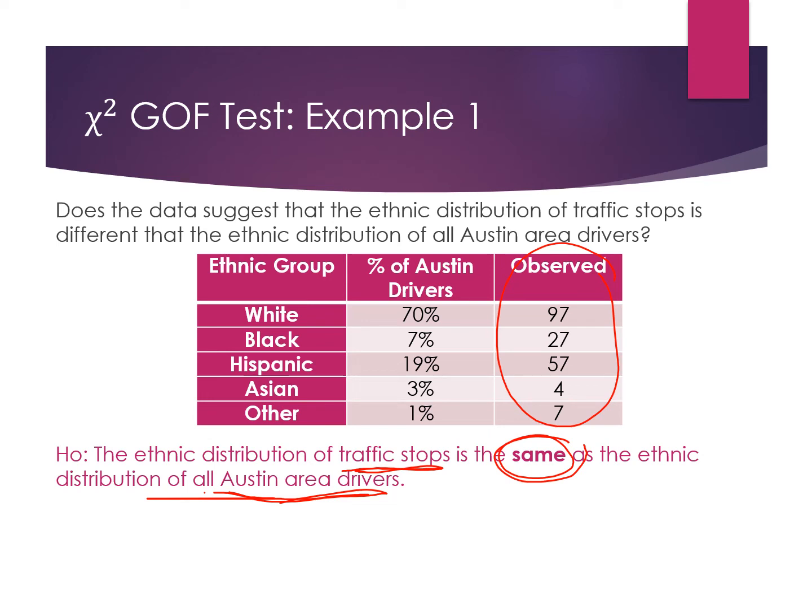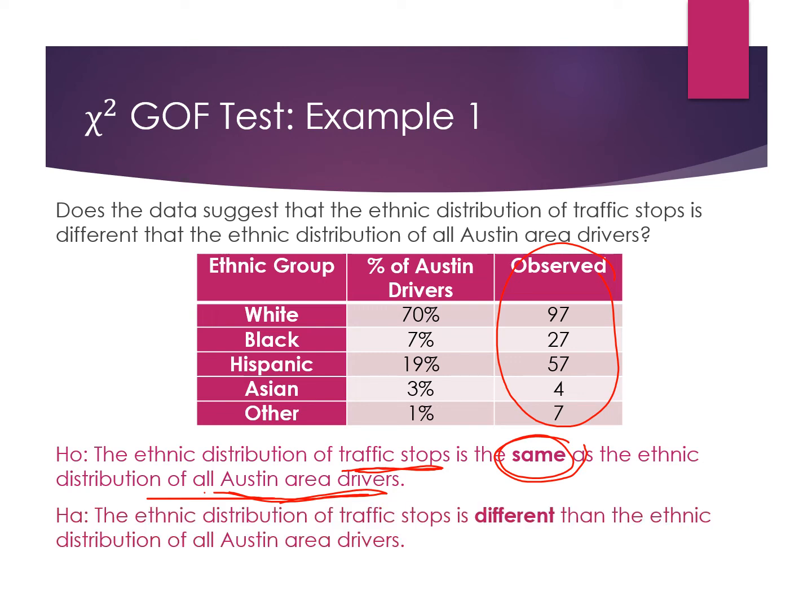Now, that's why we call this goodness of fit. How good does our data that we collected fit the given distribution? Now, the alternative hypothesis, you're trying to prove that there's a difference. So we want to know, is the distribution for traffic stops different than that of all Austin area drivers?